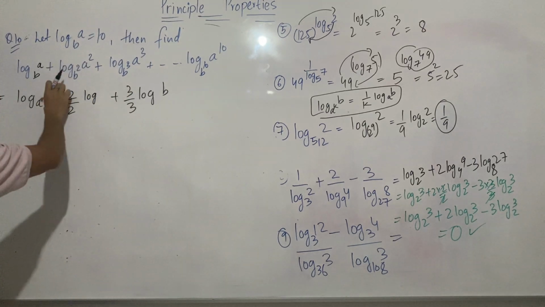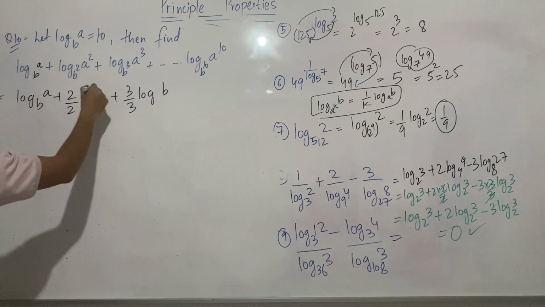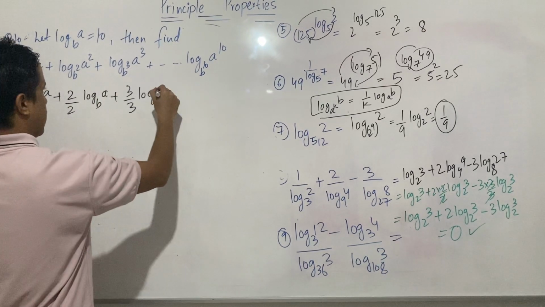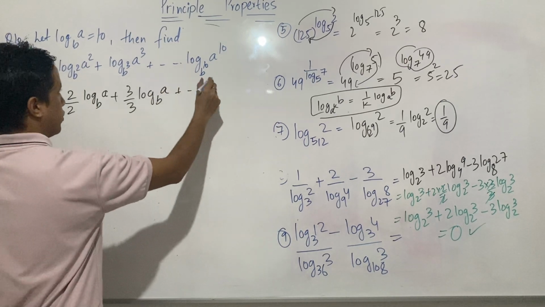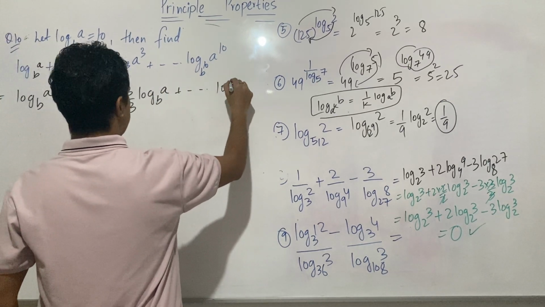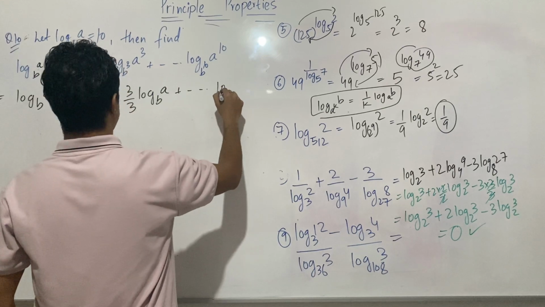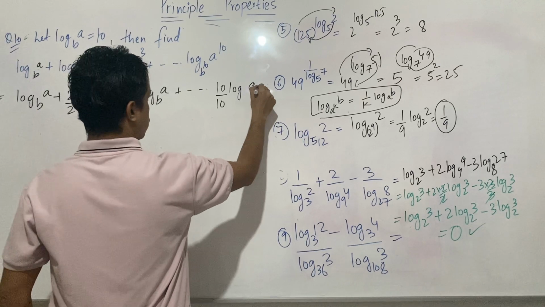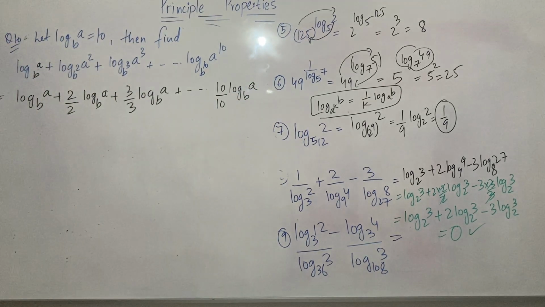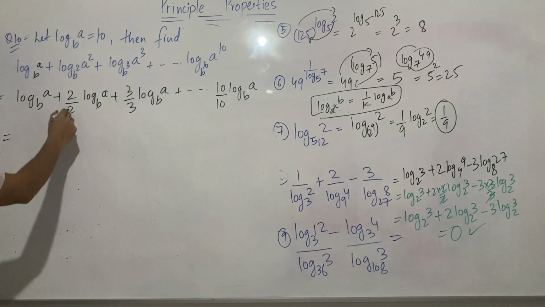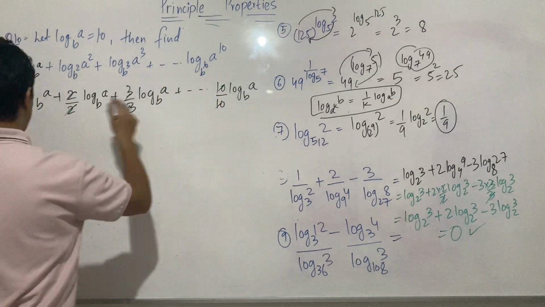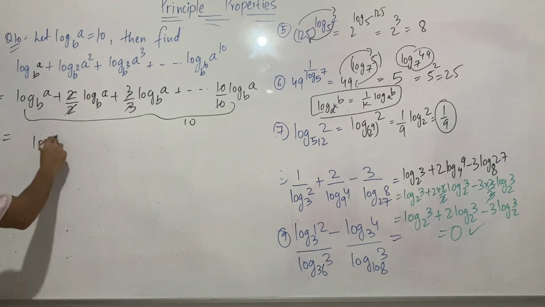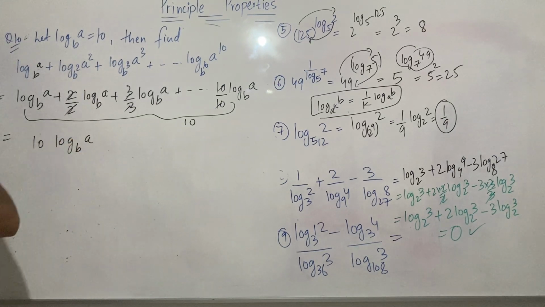So it's going to be a to the base b here, a to the base b here, a to the base b, and so on, and here would be 10 by 10, right? 10 by 10 log of a to the base b. Okay, so this whole thing means that it will get cancelled. So how many times? 10 times. So it would be 10 log of a to the base b, right?